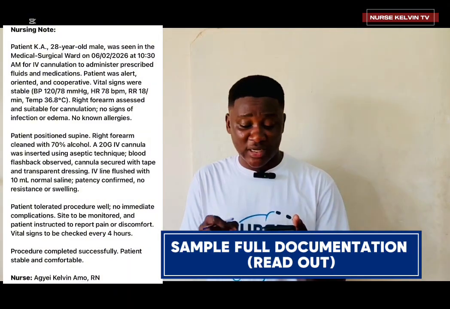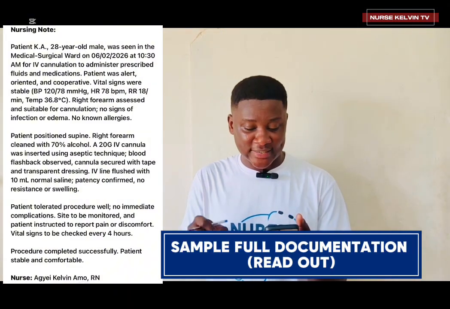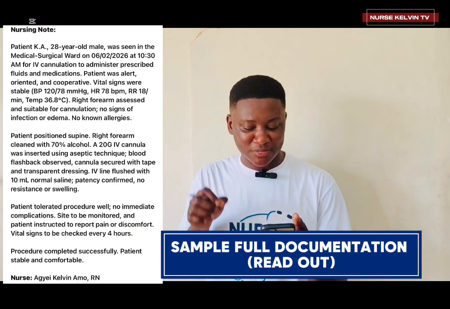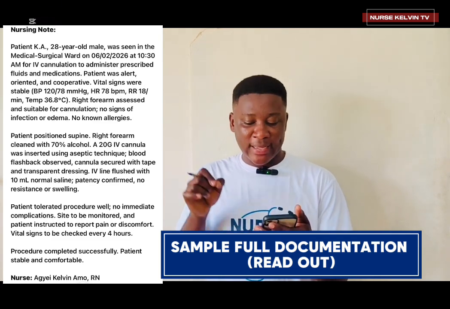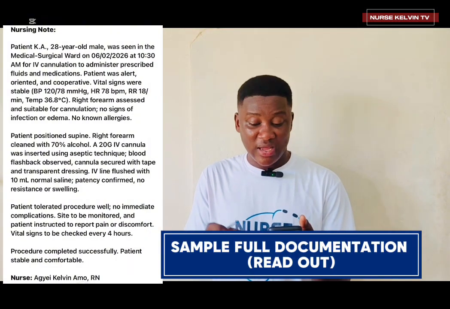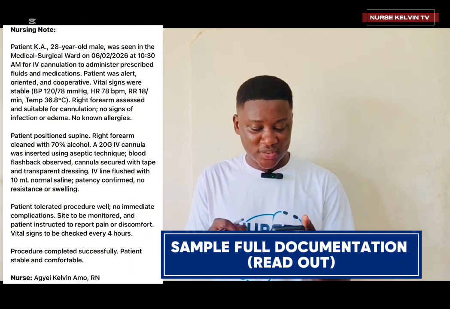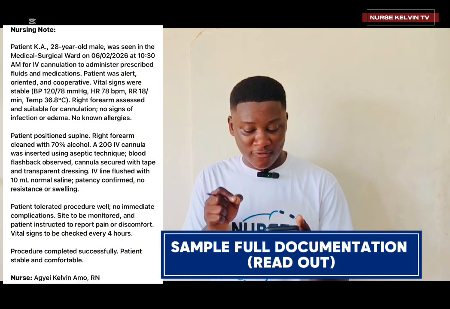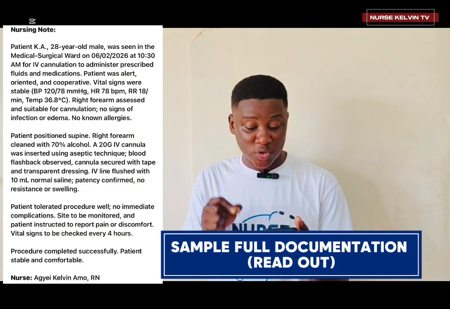A 20 gauge IV cannula was inserted using aseptic technique. Blood flashback observed. Cannula secured with tape and transparent dressing. IV line flushed with 10 ml of normal saline. Patency confirmed, no resistance or swelling.